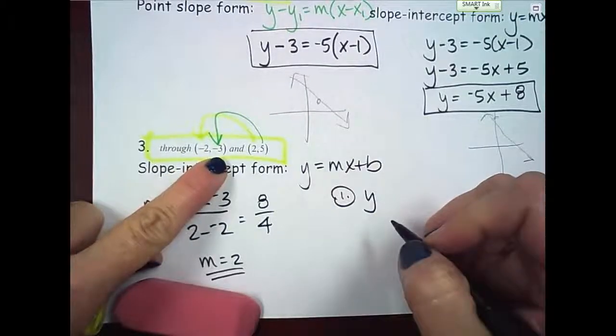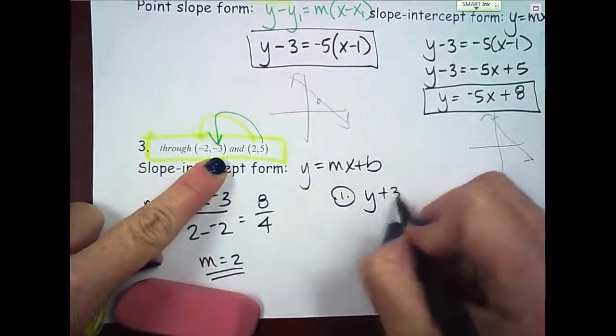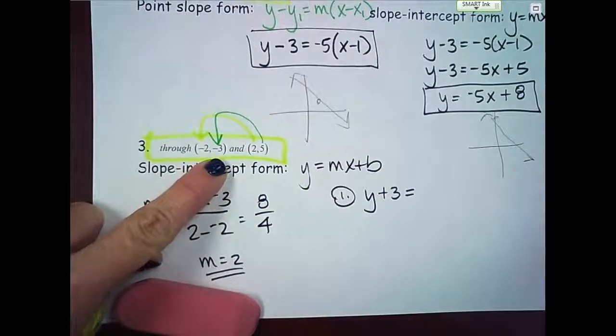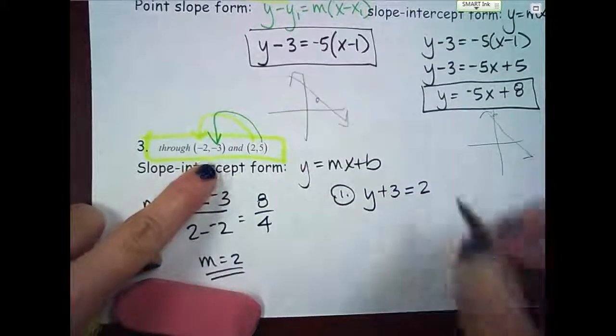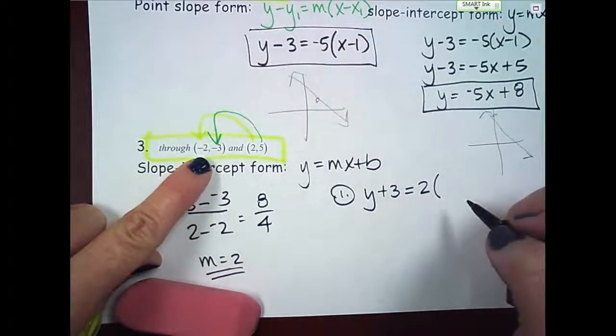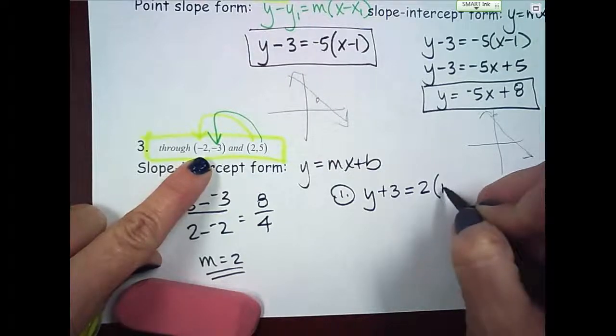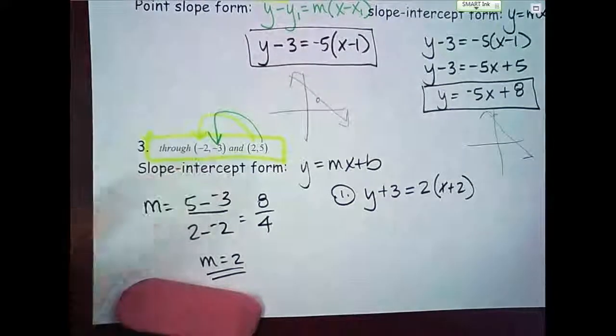Y minus a -3 means it's going to turn plus. Equals your slope, which we just found was 2, times x minus a -2 makes it plus 2. Remember, we're using the opposites because of the minus. That's point slope form, but that's not what they want. They wanted slope-intercept. So distribute the 2 and clean it up.